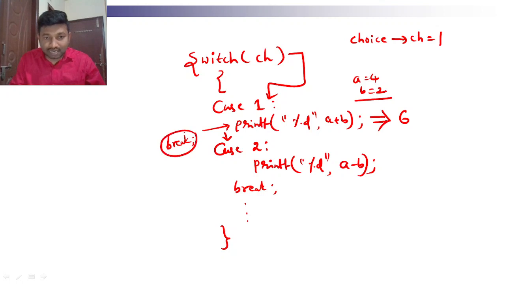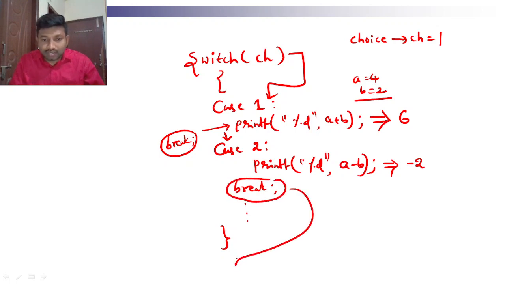Because break is not there, you will not come out of the switch. So the flow of execution continues to the next case, and it will also print the a minus b value, which becomes 2. As you have written break here, the control will be transferred from the switch to outside the block. That's the operation of the break statement.